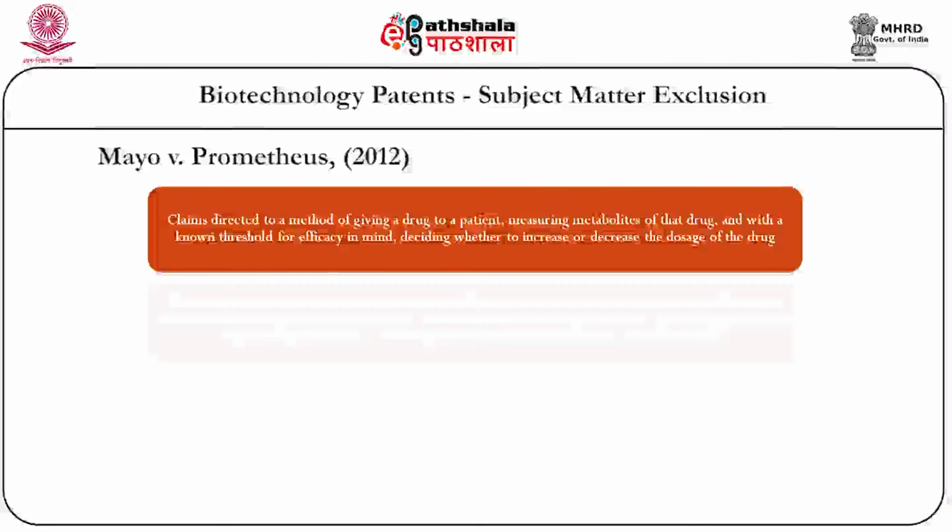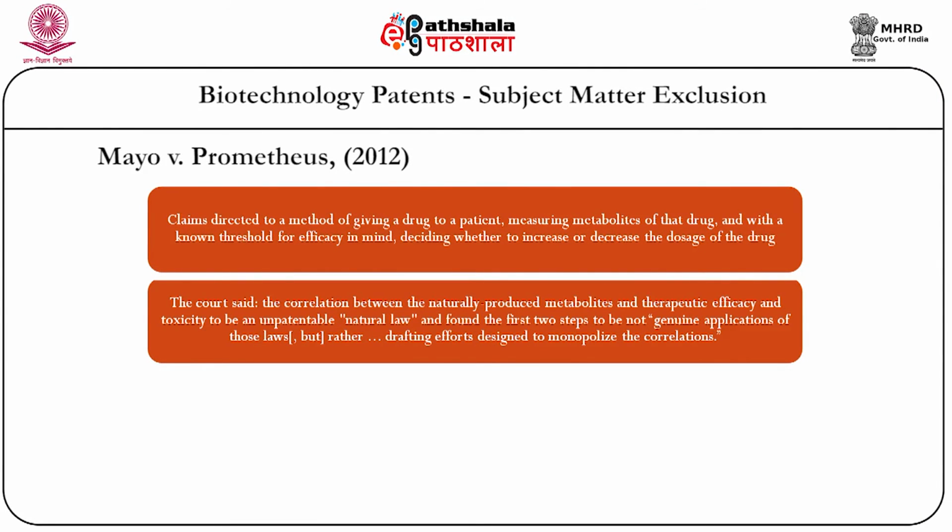In this case the court said the correlation between naturally produced metabolites and therapeutic efficacy and toxicity to be an unpatentable natural law. It also found the first two steps not to be genuine applications of these laws, but rather drafting efforts designed to monopolize the correlations.